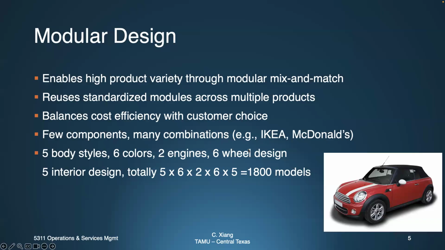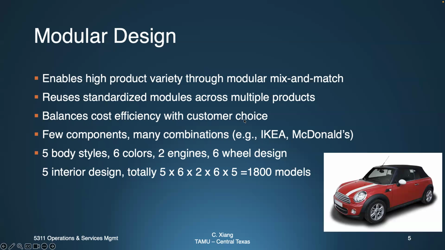As a result, firms can reuse standardized modules, parts, and components across multiple products, and sometimes even across product lines. This is why modular design balances cost efficiency with customer choice.